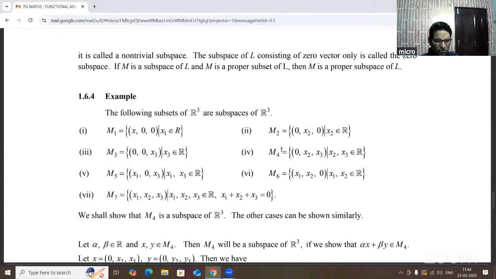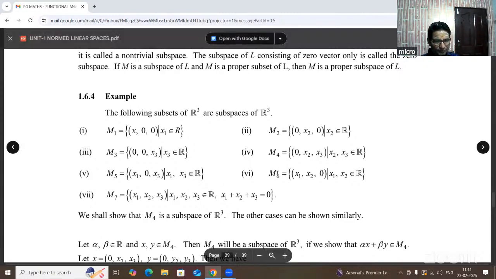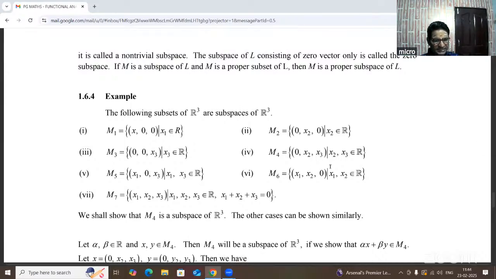And M5: x1, x3 are there, and x2 is 0. M6: x1, x2 are there, and the x3 coordinate is 0.